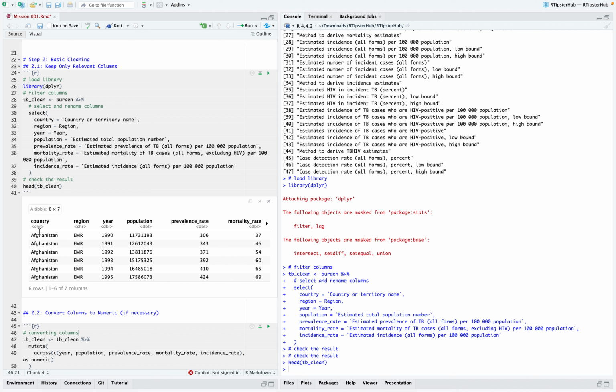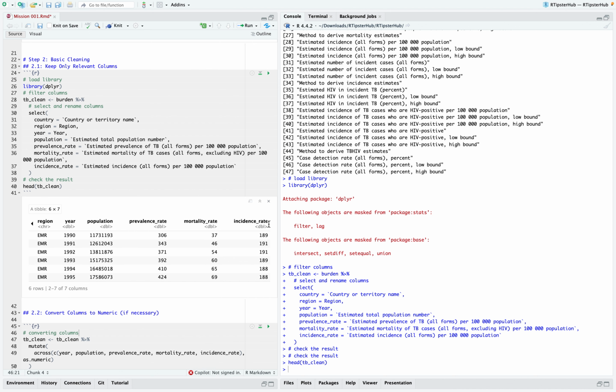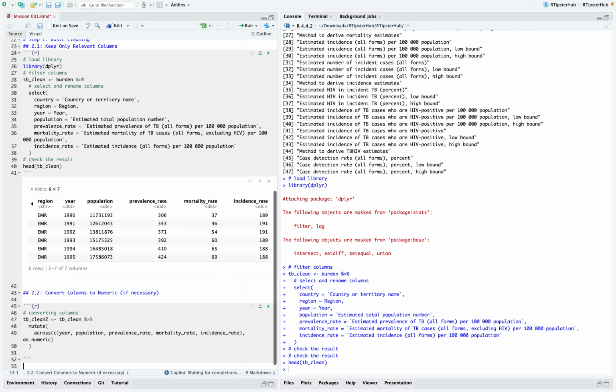For example, country should be a category, region category, year can remain numerical, population numerical, rate. And then we can name it as tbclean2 because we are making an adjustment to the original data set.